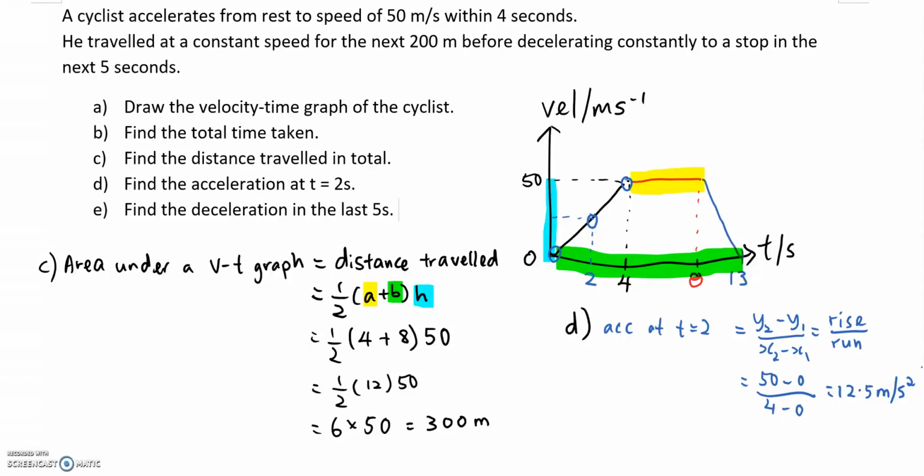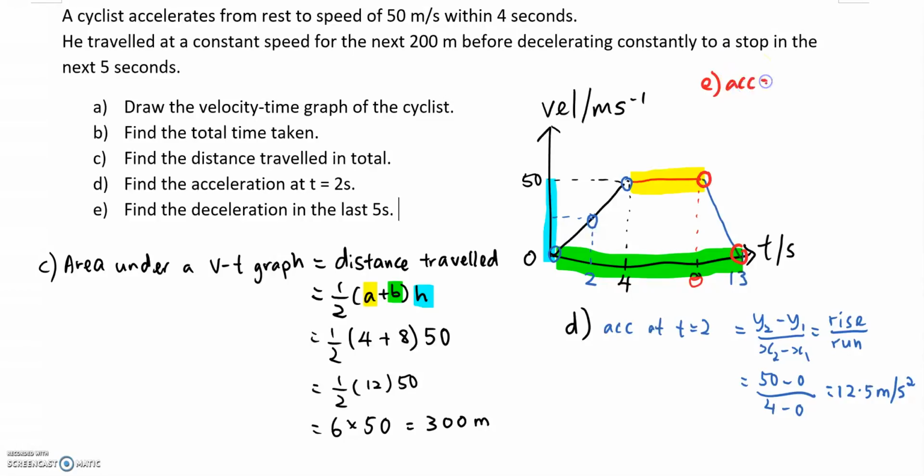Okay, so the last part, we're supposed to find the deceleration. So the deceleration in the last 5 seconds is very similar. So we just have to find the gradient at the last portion. Right, so for part E, to find the deceleration, we need to use the acceleration formula.